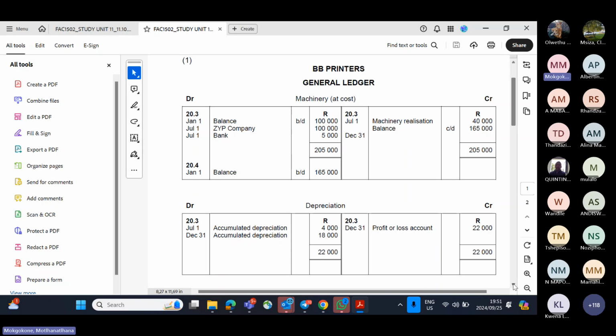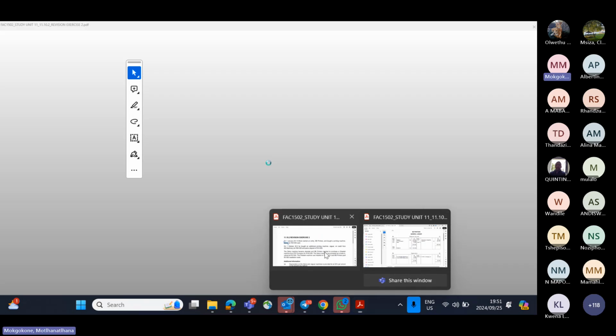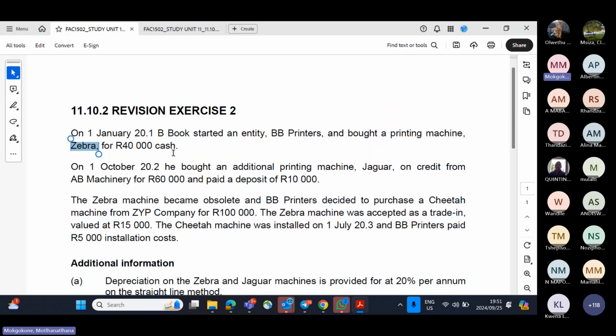Let's go to where the Zebra machine was bought. It was bought on 1st January 2021, this Zebra machine for 40,000.